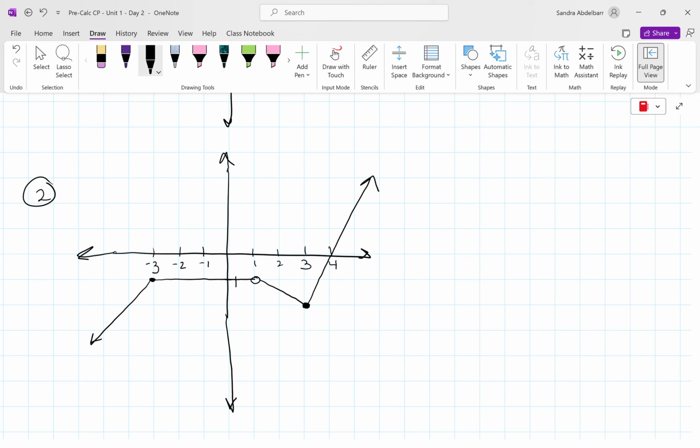We're just doing the decreasing, constant, increasing thing. There could be multiple increasing, multiple decreasing, multiple constants in a graph. You just identify them in the order they come from left to right in their interval notation.